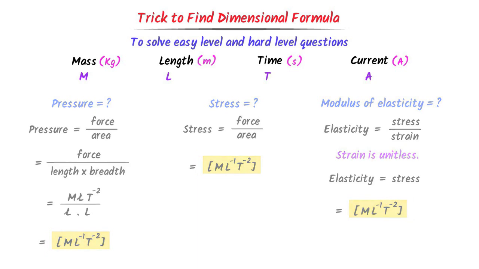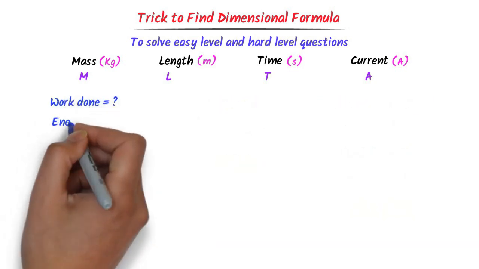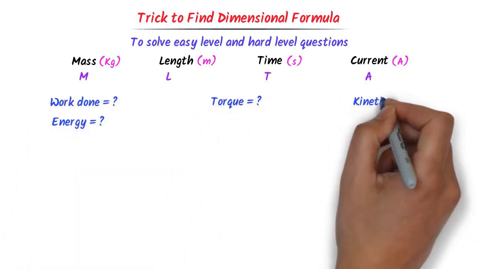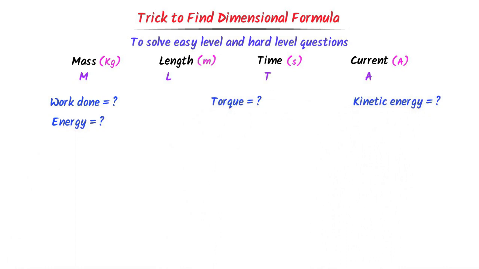Secondly, find the dimensional formula of work done, energy, torque and kinetic energy. Well, work done and energy are two faces of the same coin. We know that work done is equal to dot product of force and distance.